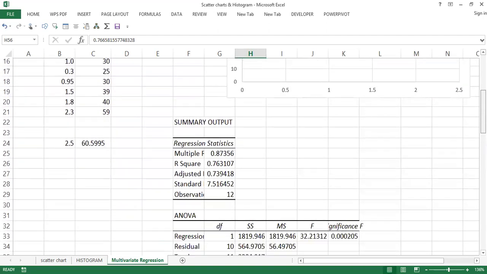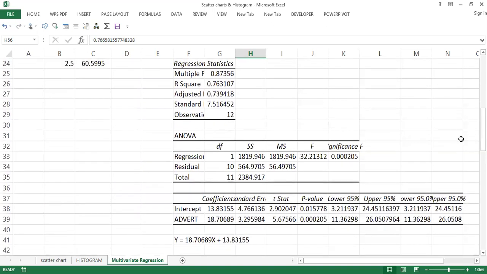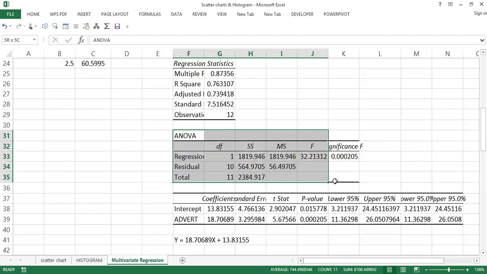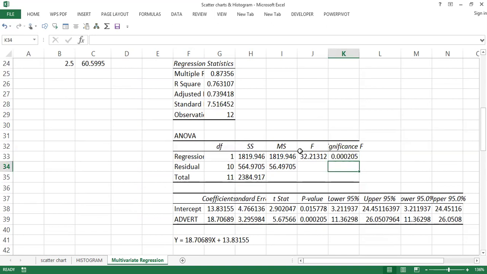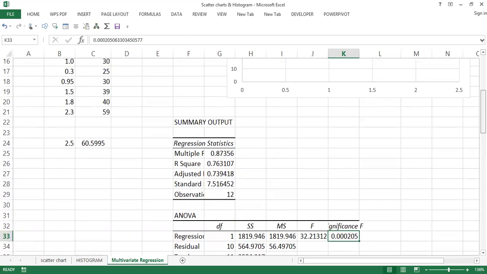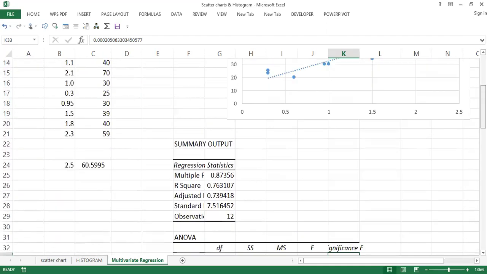If you look here, you see this ANOVA, Significance F. When this figure is small like this, it's an indication that you can utilize that model.